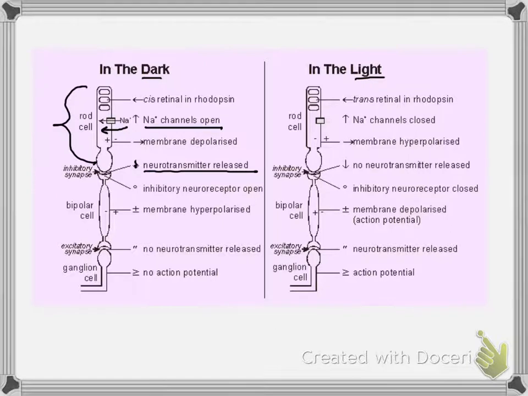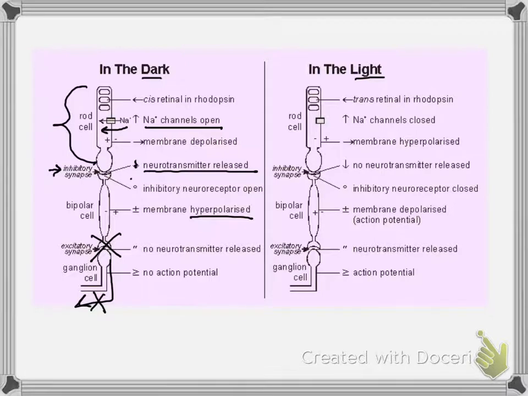What it just means is the neurotransmitter is going to be released, and that neurotransmitter happens to be an inhibitory neurotransmitter, which means that we are not causing an action potential. Instead, the bipolar cell, the next cell, is going to be hyperpolarized. And as a result, there's going to be no communication to our brain. It stops. And so that's why we see dark.